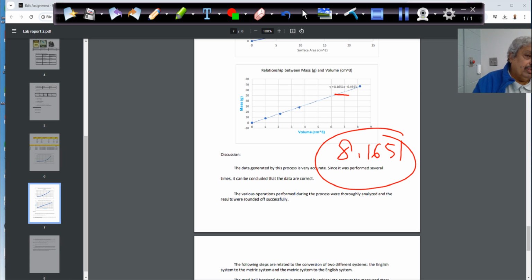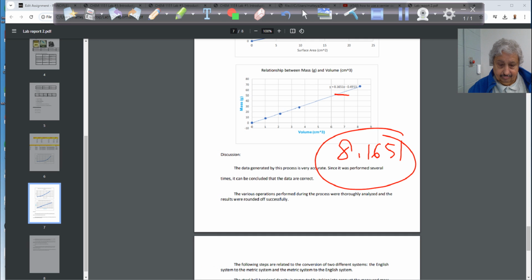Now I want you to Google what's the density of steel bearing balls. So somebody will Google that. How much is it? We can Google it together here. Let me Google this.